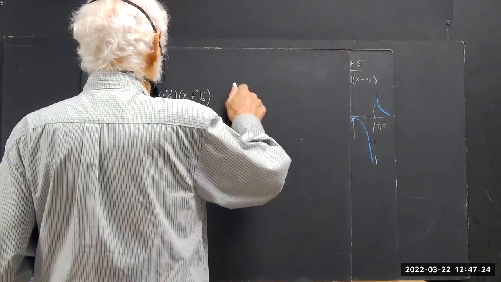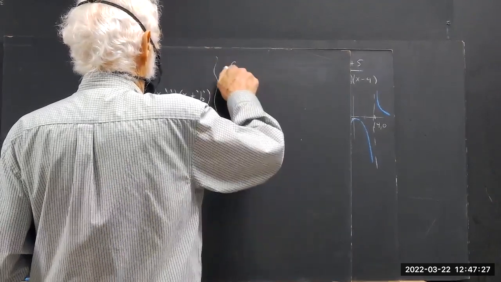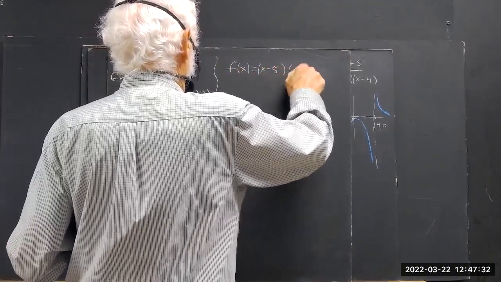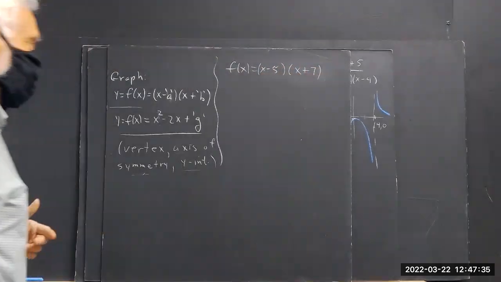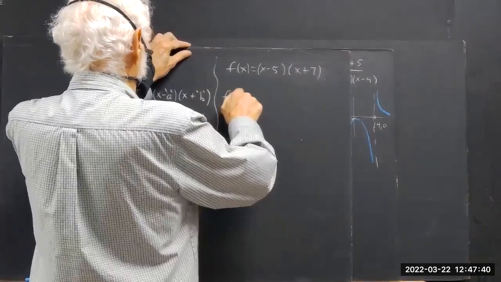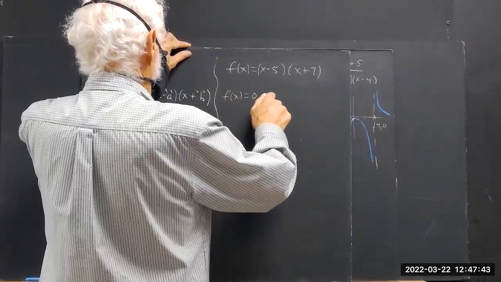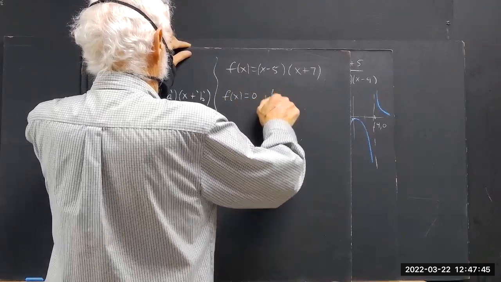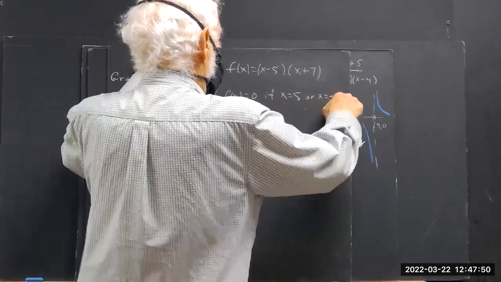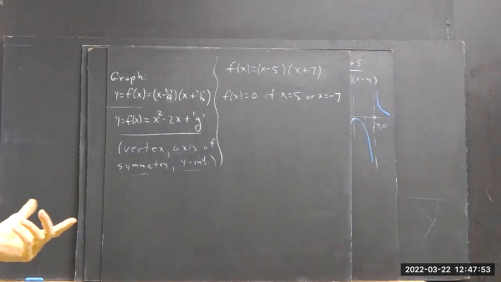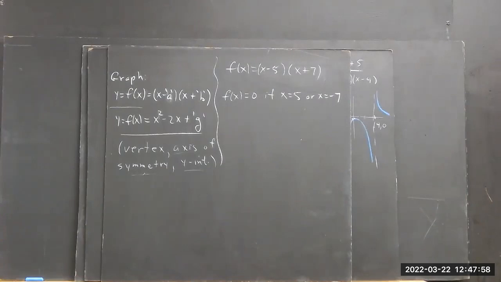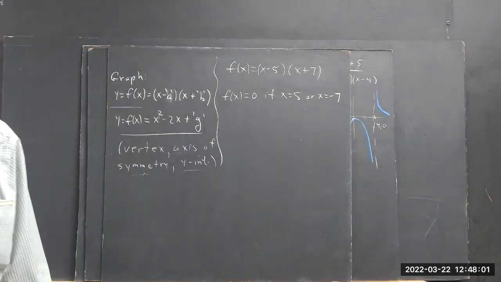But anyhow, let's say we have f of x equals x minus 5 times x plus 7. And we know that f of x is 0 if x is 5 or -7, right? So we don't need to use the quadratic formula to find the zeros.